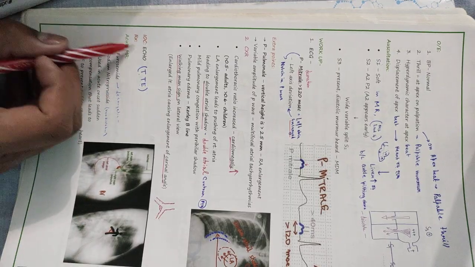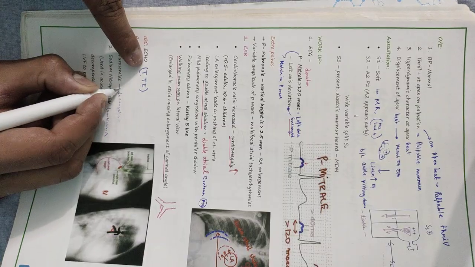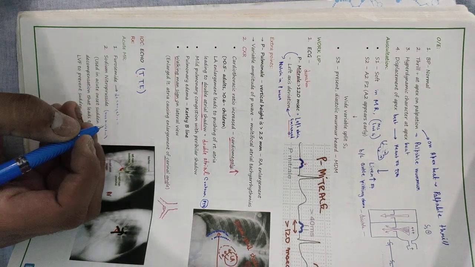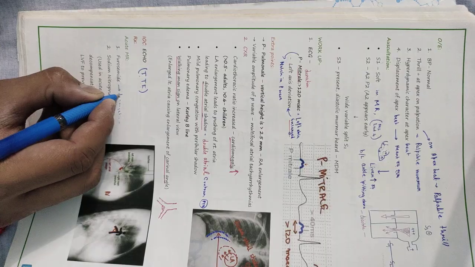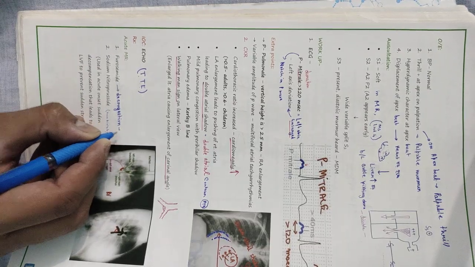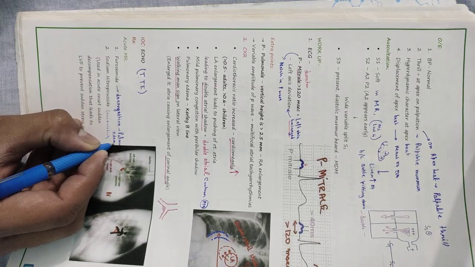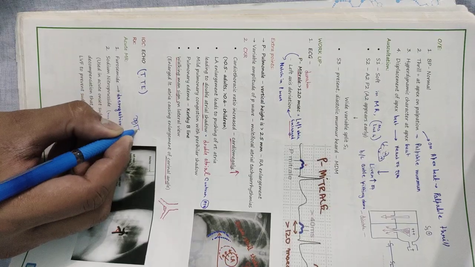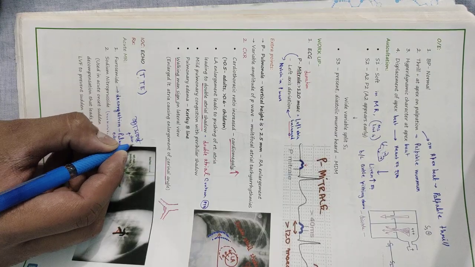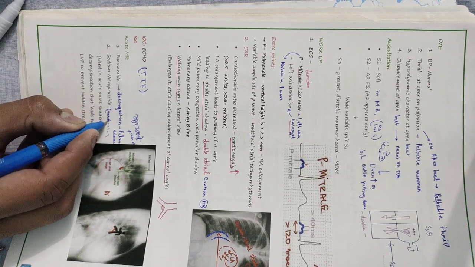Now the treatment, acute MR. We have two treatments for acute MR. We give furosemide for decongestion, শ্বাসকষ্ট হচ্ছে যেটা সেটার জন্য, for pulmonary edema, that means শ্বাসকষ্ট দূর করতে। Next is sodium nitroprusside, that is a powerful vasodilator.